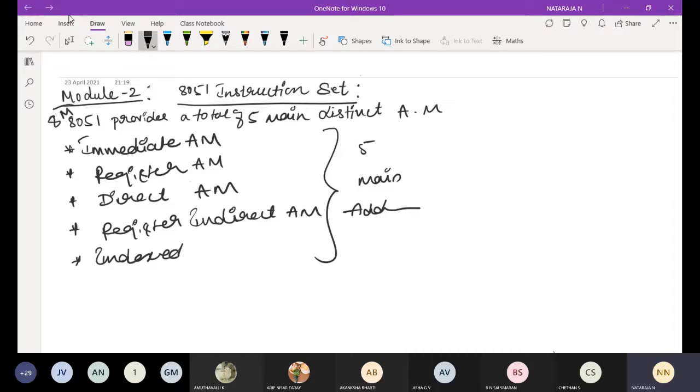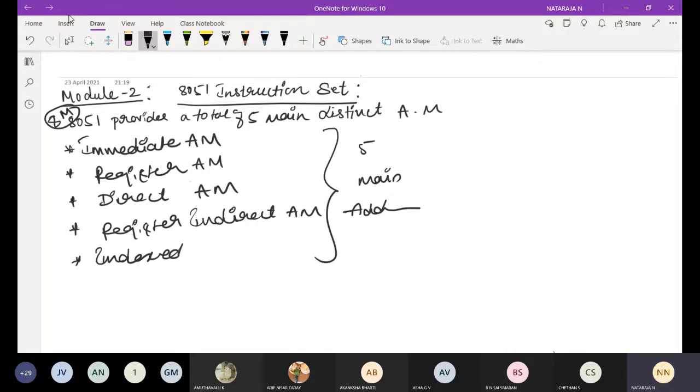8 marks. Many times they ask this in the external exam. It is a 100% question. 8 marks, sometimes 10 marks. Each addressing mode explanation carries 2 marks.